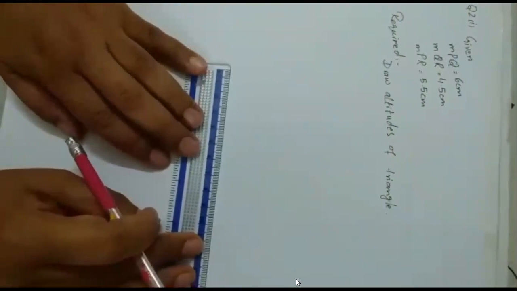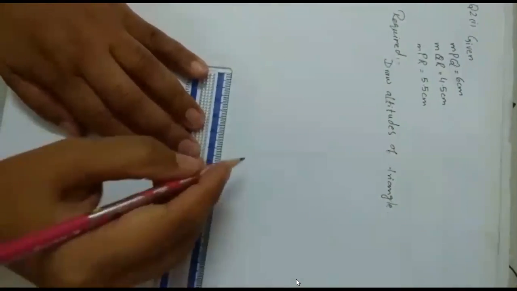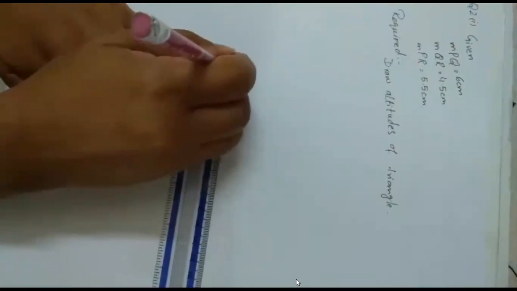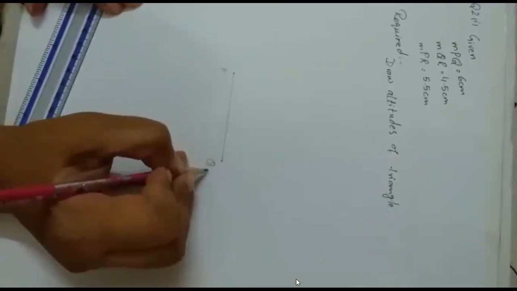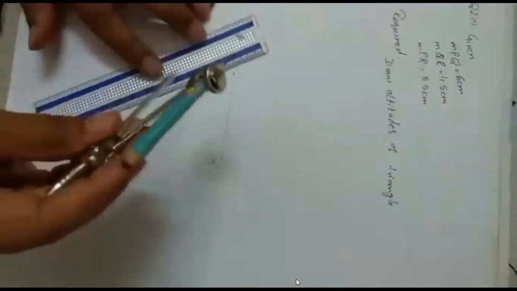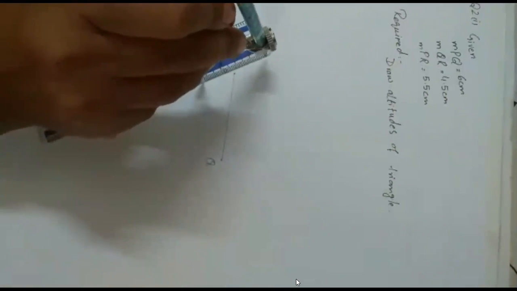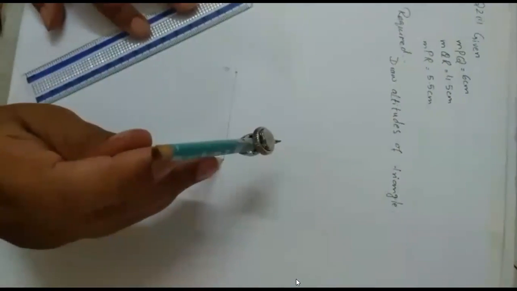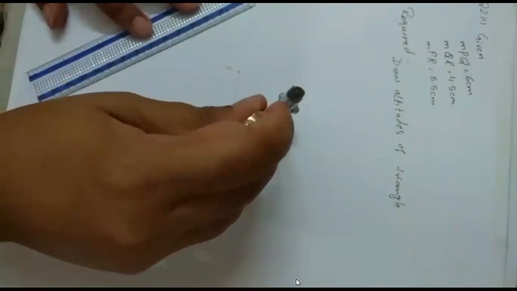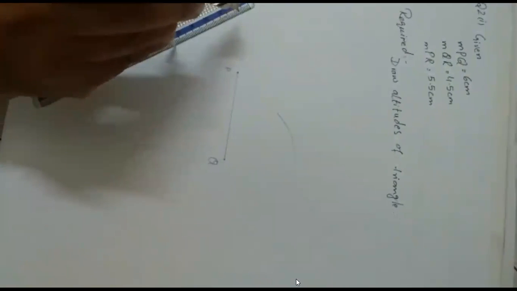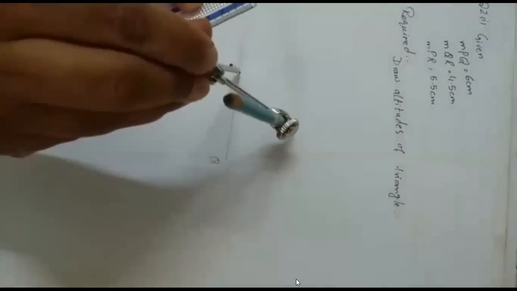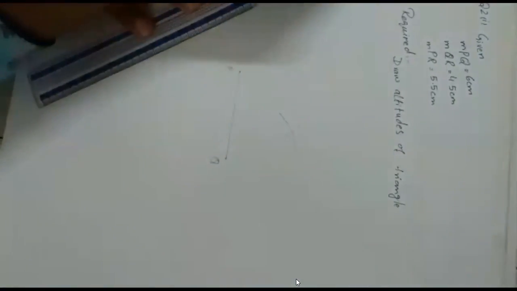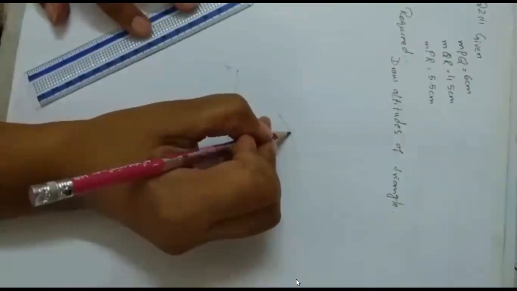PQ is 6 centimeters. We draw the line PQ of 6 centimeters. QR is 4.5. Open your compass to 4.5, put your compass on point Q and draw an arc of 4.5. Then PR is 5.5.